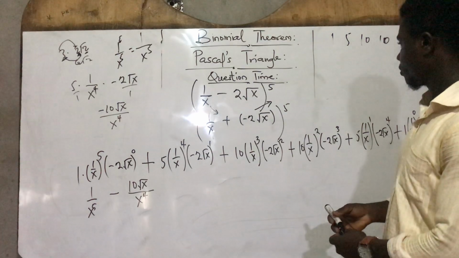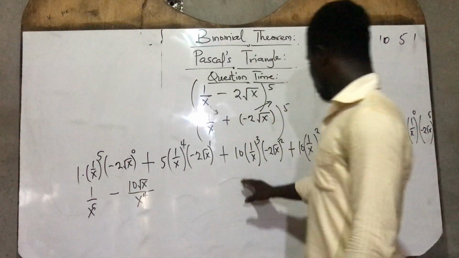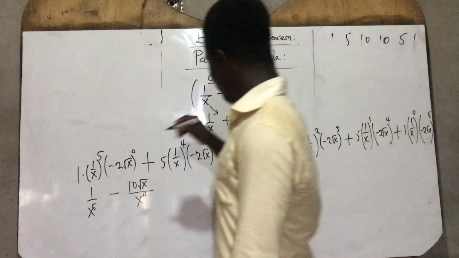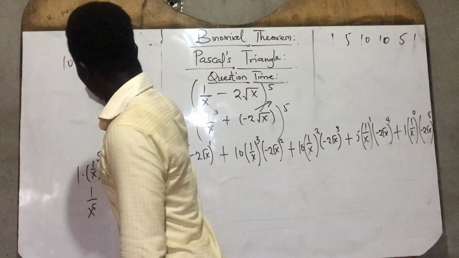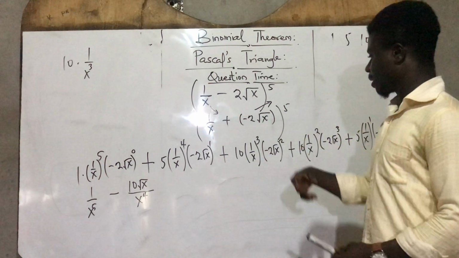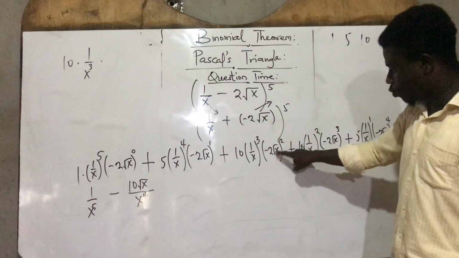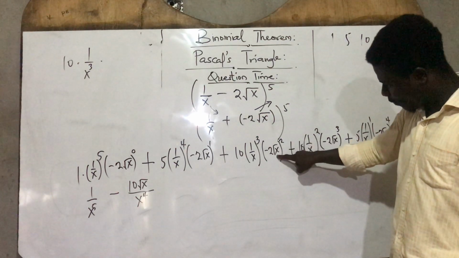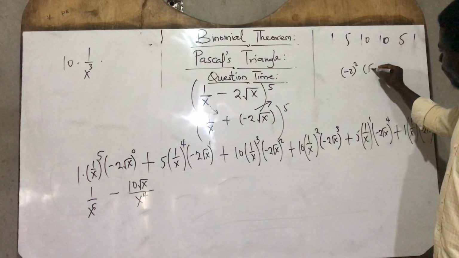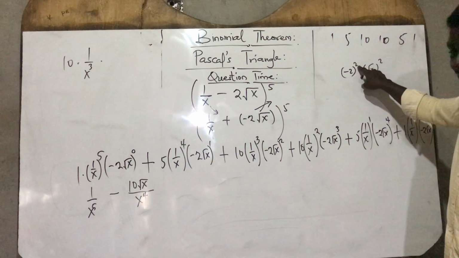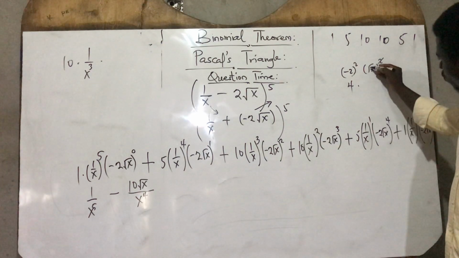Then here, we're coming to this place, which is 10. Here I'll get 10 times 1 on x to the power 3, then times minus 2 square root of x all squared. You know that this 2 is affecting this negative 2 and also the square root of x. So negative 2 all squared, then square root of x all squared. This one is an even number, so it takes off the negative. So I get 2 squared, which is 4, times x, because squaring removes the square root.